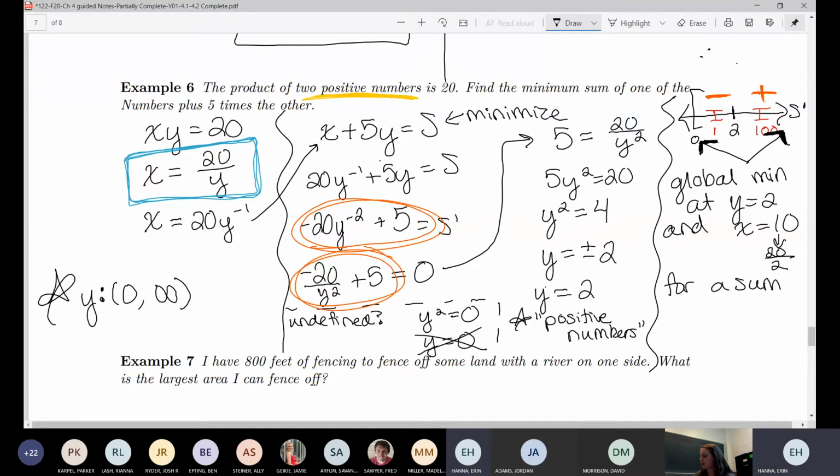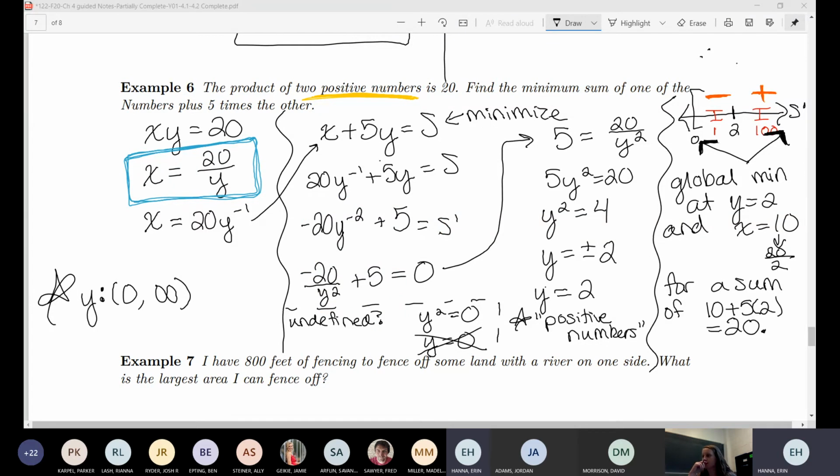For a sum of 10 plus 5 times 2 equals 20. So the 20 is the thing they actually cared about. Stating the x and y are good, but technically the answer they wanted is that 20. Let me get rid of the circles around the derivative value, but I'll leave everything else.